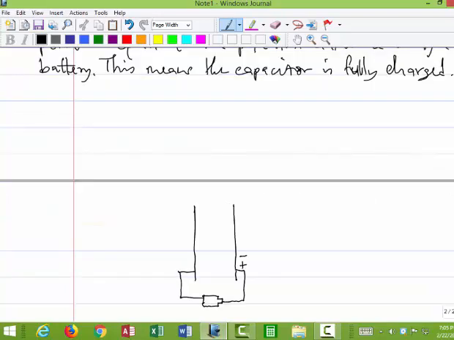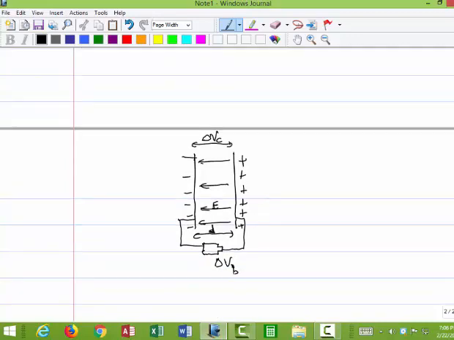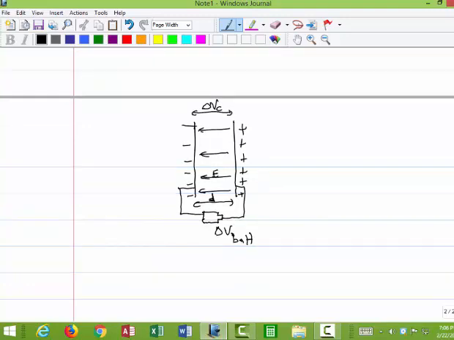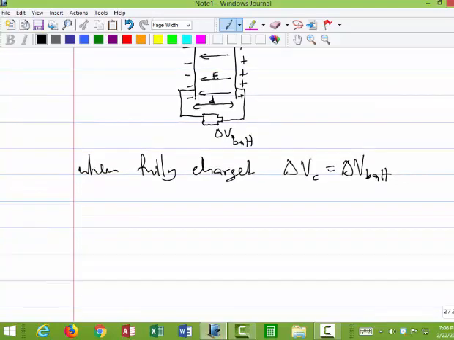This is positive, so the electric field goes this way, and the distance between the plates is D. E is the electric field, the potential difference across the capacitor is delta V C, and the potential difference across the battery is delta V B. So when fully charged, delta V C is equal to delta V battery.